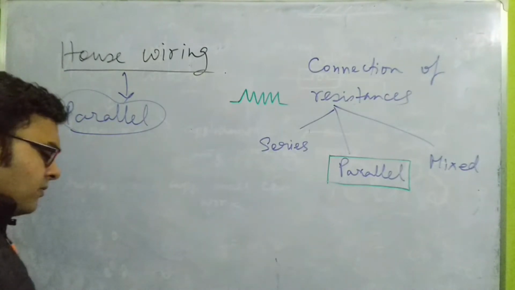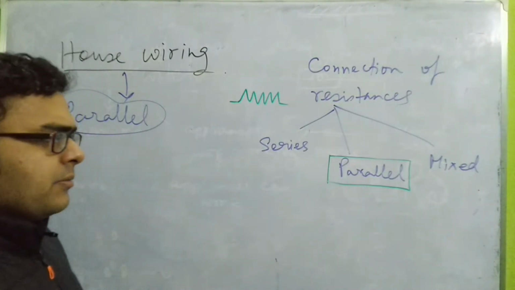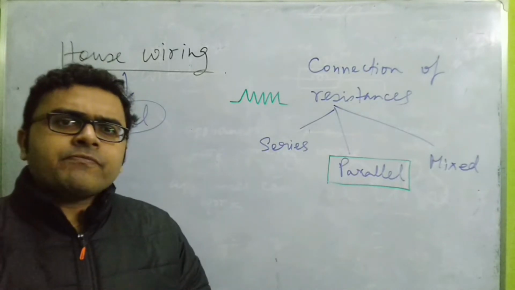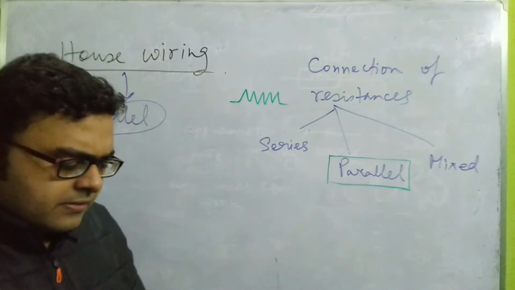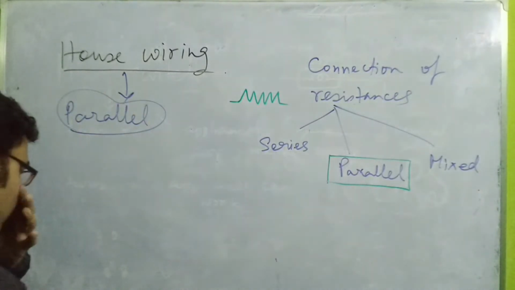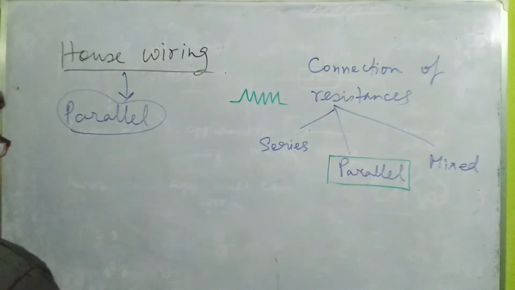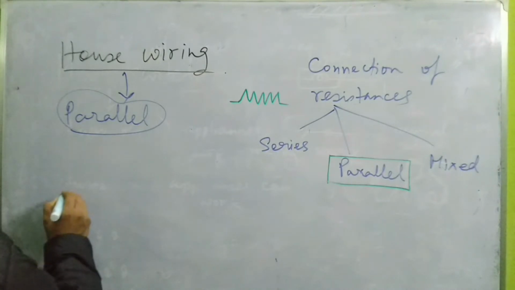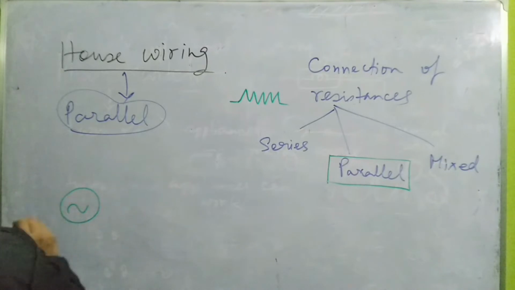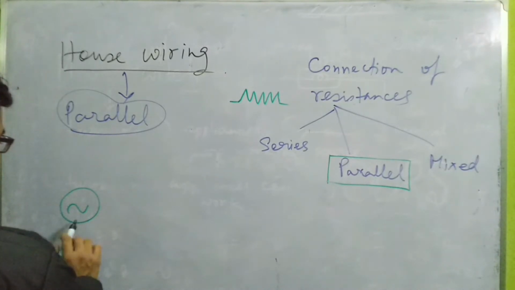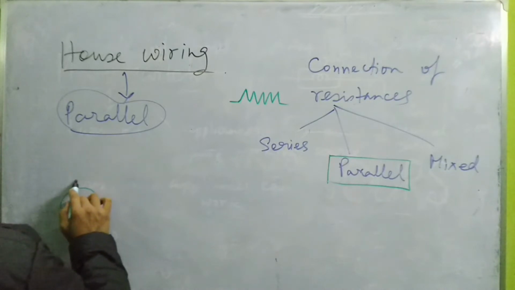Okay. Now there is another term that you will be seeing in the book, that the house wiring is in the form of a ring. What does this mean? See, if we consider the ring system, say this is our main AC source. From this, this is the live wire.